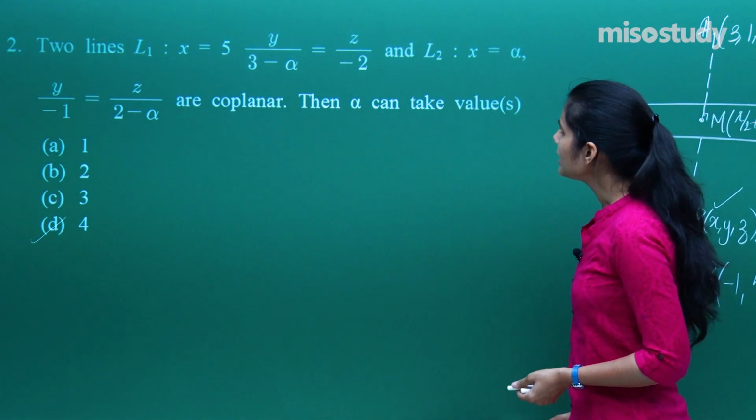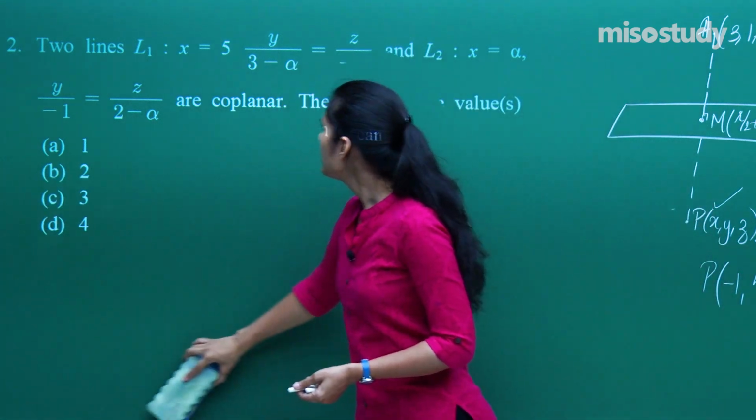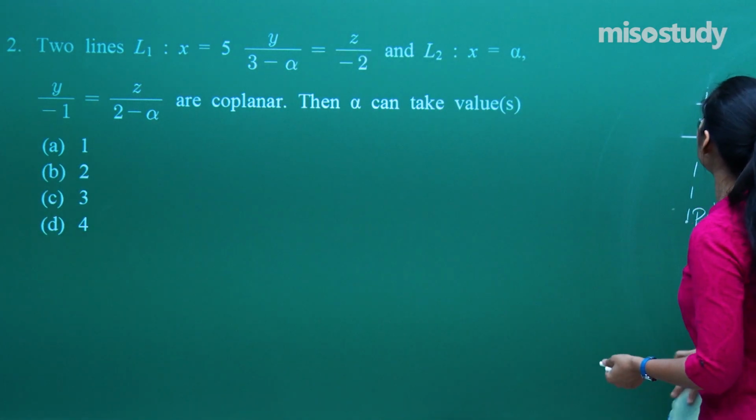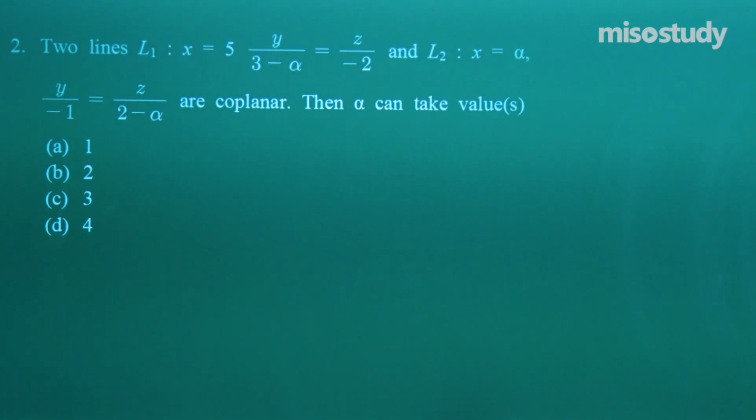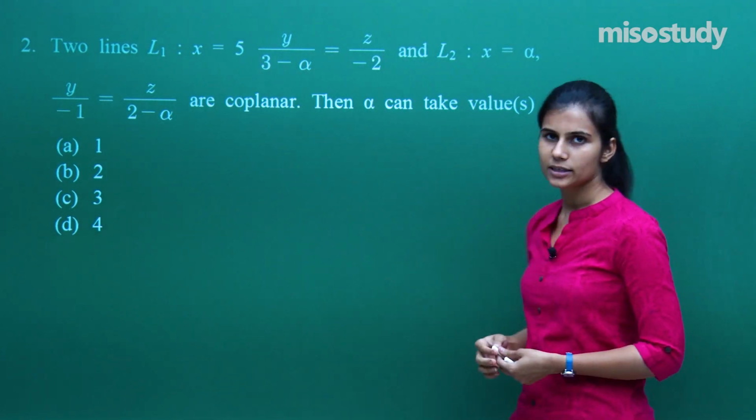We have two lines L1 and L2 given to us. They are coplanar, then find out the value of alpha. Let's see how we get the value of alpha from the fact that these two lines are coplanar.